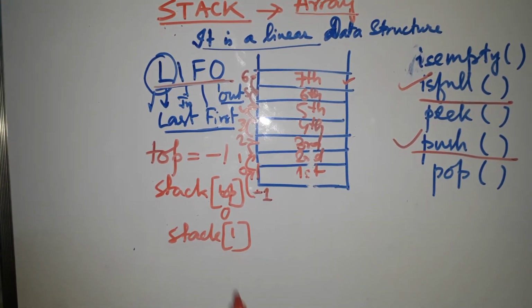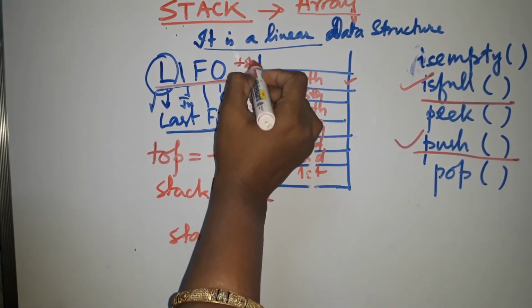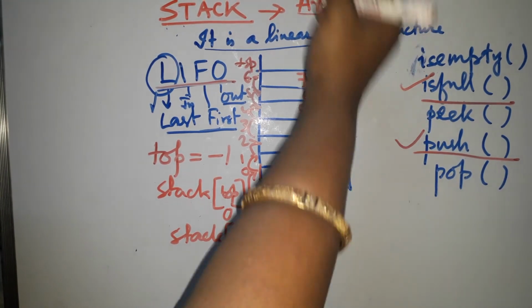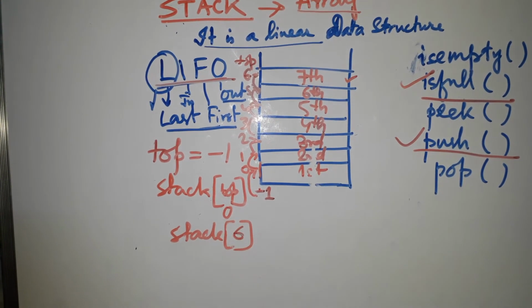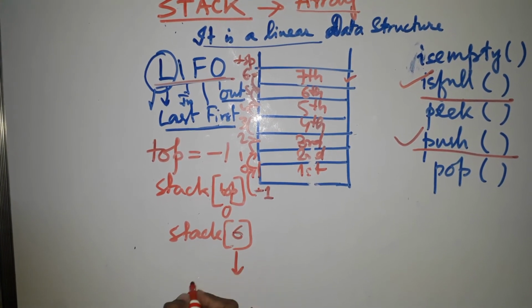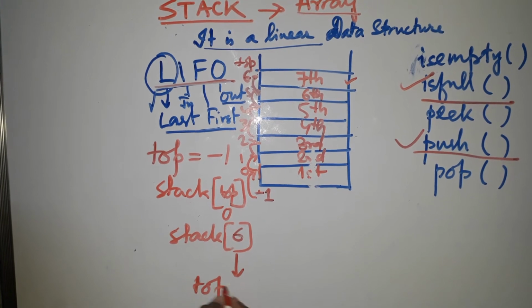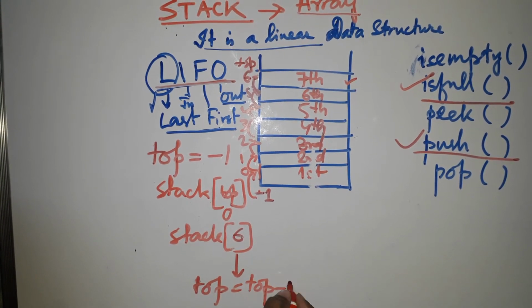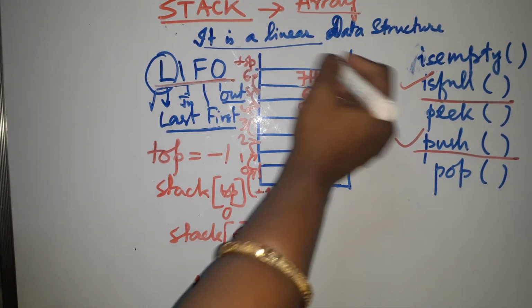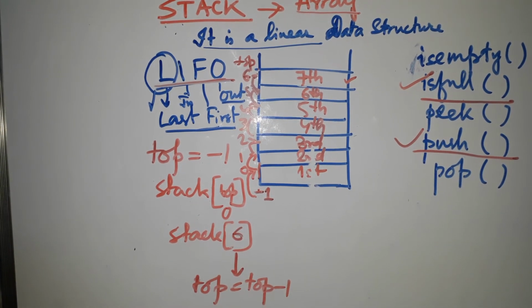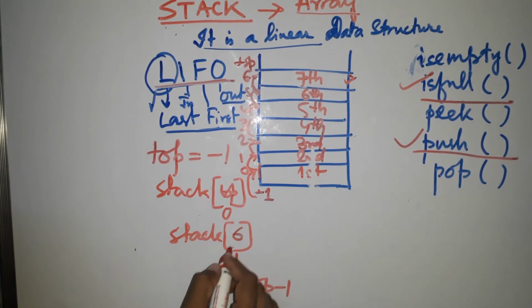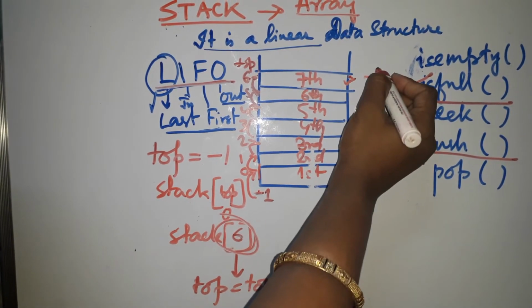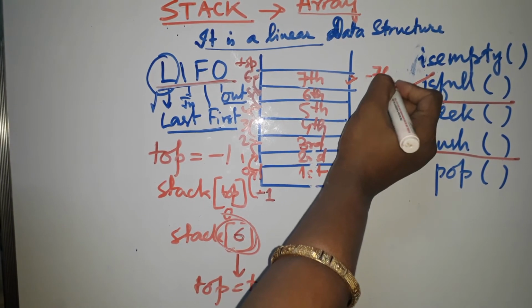So, what will happen? Now the top is at the 6th position. It will decrease its value by 1. So top equals top minus 1. Before decreasing this value, we can remove the 7th one.